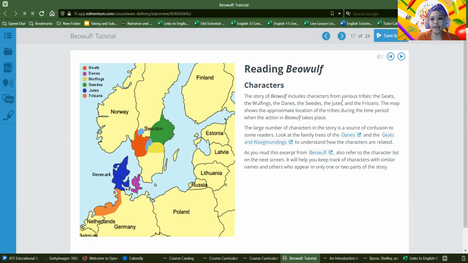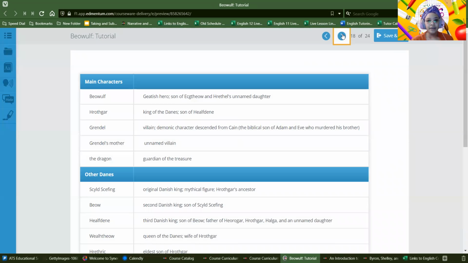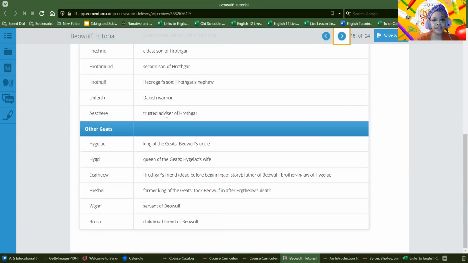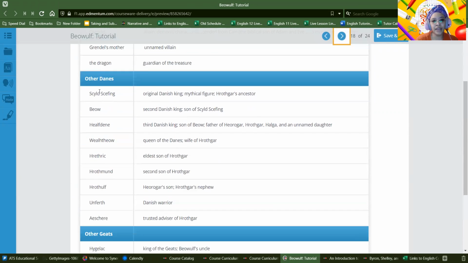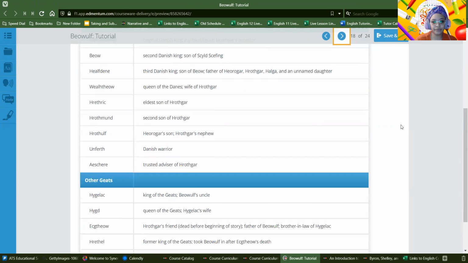Okay, that is about it for this lesson. I'm going to go ahead and stop sharing. The rest of the lesson is pretty much covering Beowulf. Here, slide 18, I'll click over to this just real quick. They give you a shorthand list telling you who the main characters and main Danes are, since Beowulf is traveling to Denmark.